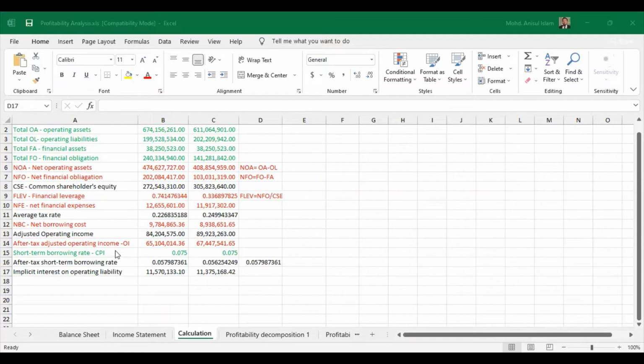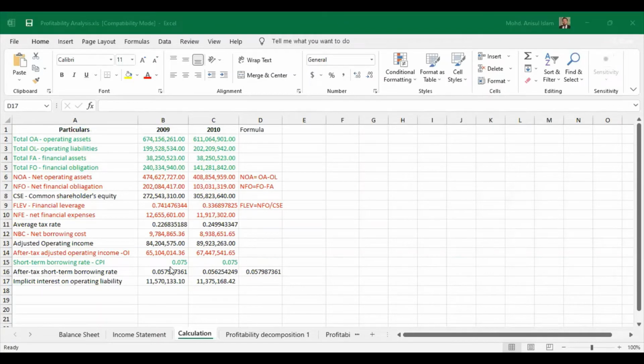Okay. Now, you can recall that we already have measured the operating liabilities here. We know how to measure it. So if we have the operating liabilities here, we have the after-tax short-term borrowing rate here. Is it possible that we can measure the dollar amount of implicit interest cost? How?